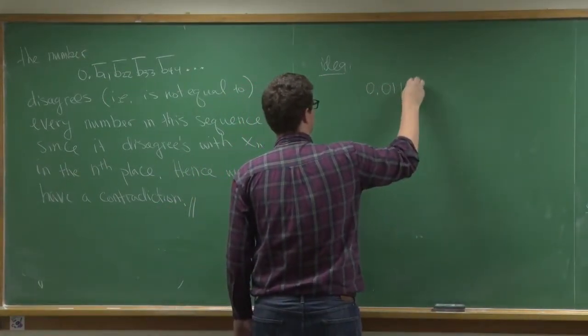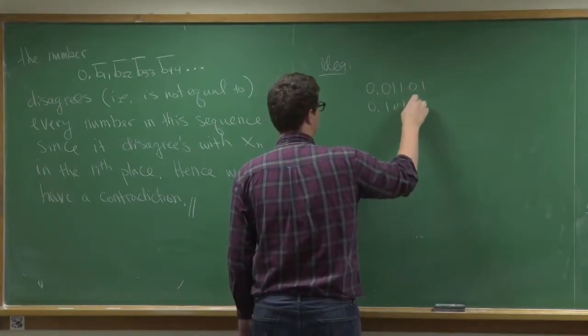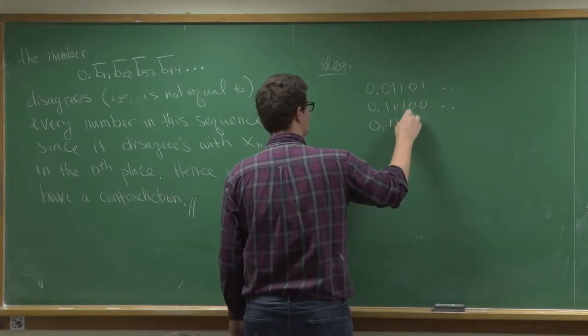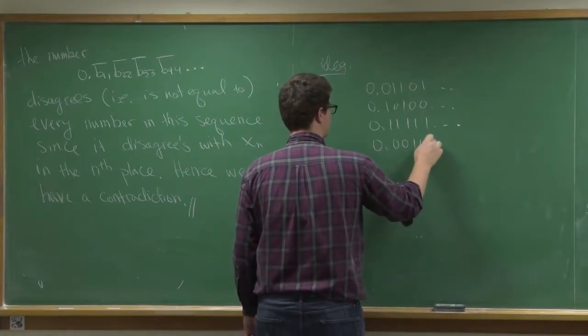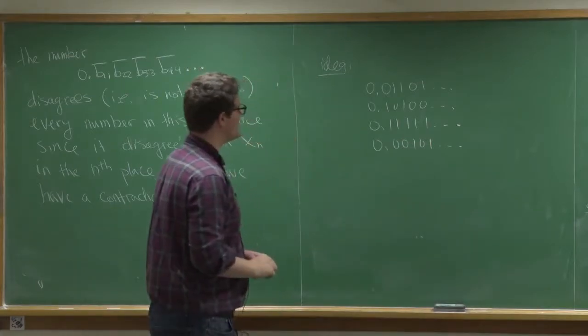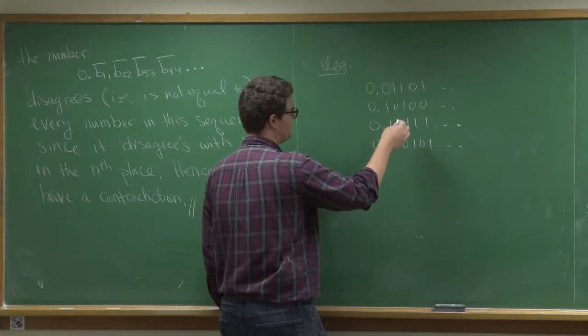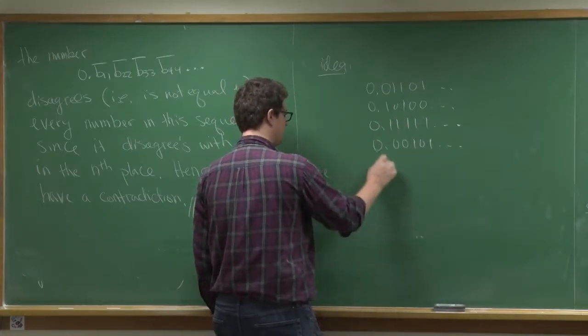So let's do, I'm just writing random things down. Okay, so the idea here is that if someone comes at me with this one here, what I'll do is I'll write down the new number.